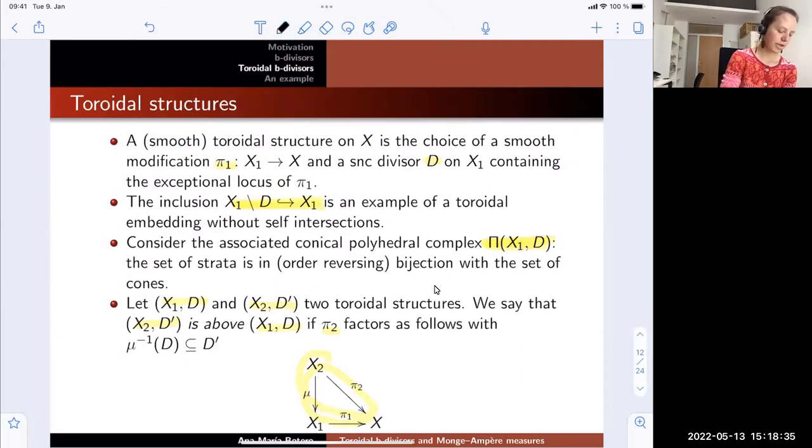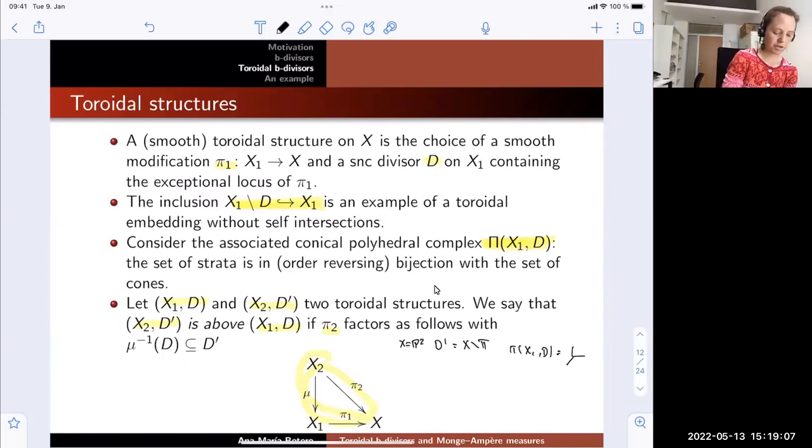Well, as I say, you can consider a lot of different toroidal structures. For example, if you start with P2, then you can consider the toroidal structure given by P2 as a toric variety. So you can consider D prime, X without the torus, and then the corresponding polyhedral complex is going to be a fan, in this case the fan of the toric variety.